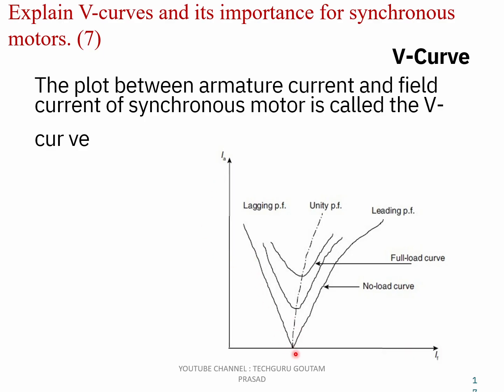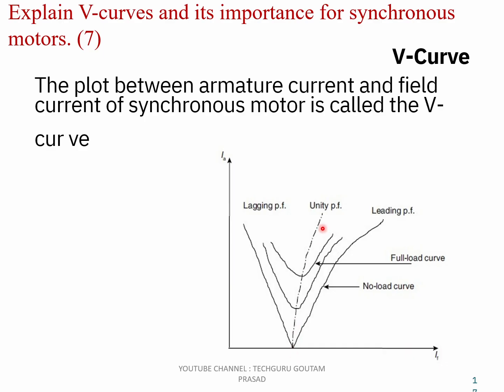Before that, in the case of the lagging power factor, armature current is higher, and as you are reaching the unity power factor, this armature current keeps on dropping. Field current is increasing in this direction, and armature current is increasing in this direction. As you are studying it for a particular load, when you drop the load, it goes on dropping for a particular excitation of the rotor.